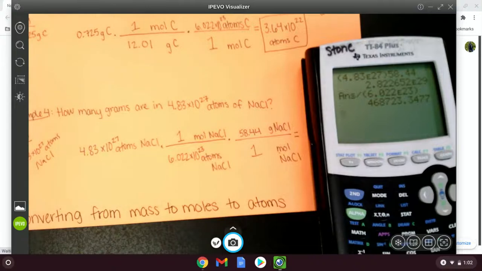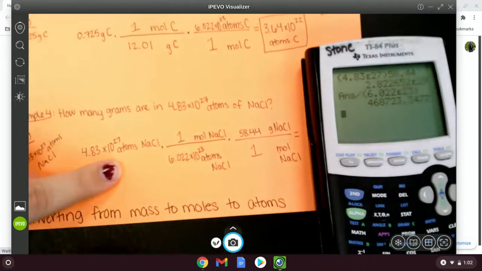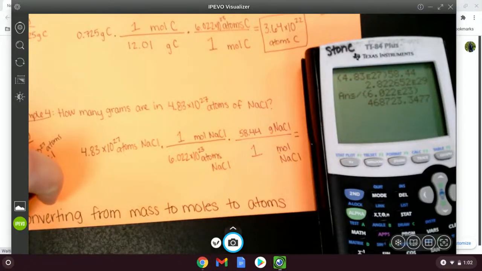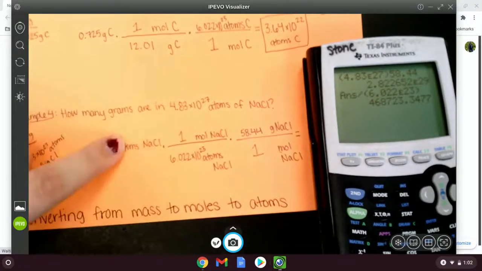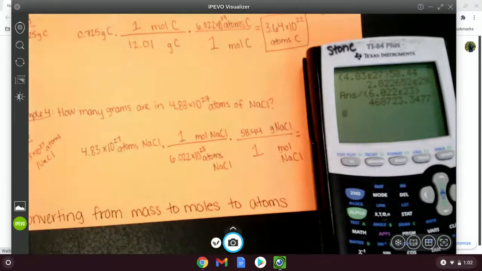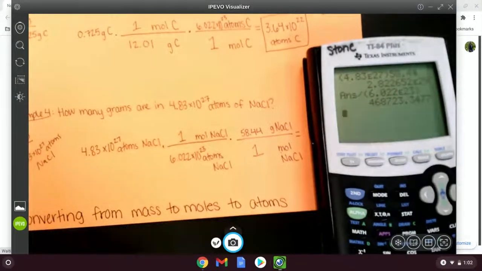That makes sense. We started with a ton of atoms. A ton. 23 and 27, that's 4 powers. This makes sense.